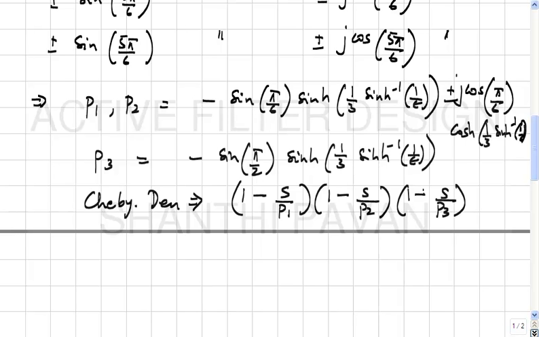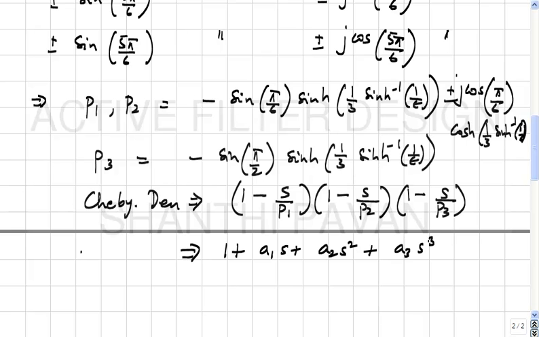Once you find the Chebyshev denominator, all that you need to do to find the inverse Chebyshev denominator is to interchange the order of the coefficients. Let's call this 1 plus A1 s plus A2 s square plus A3 s cube, where A1, A2 and A3 can be found by simply multiplying out all these factors.